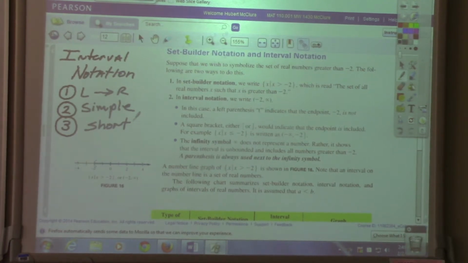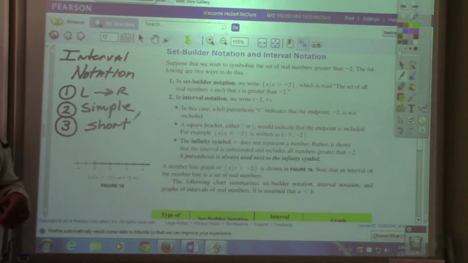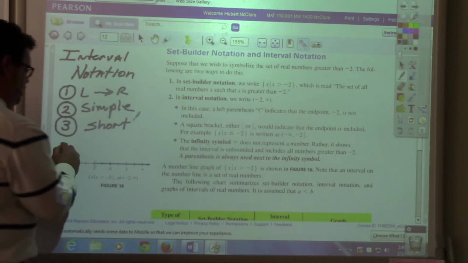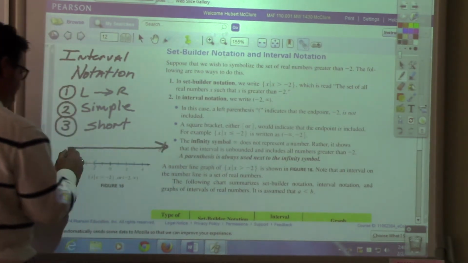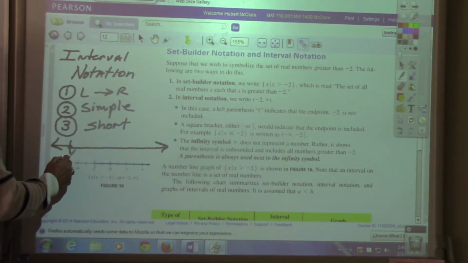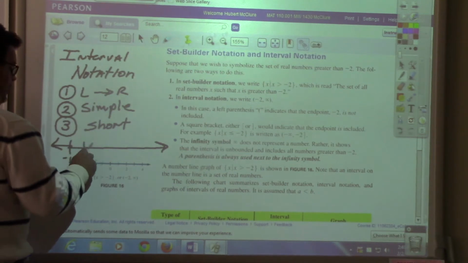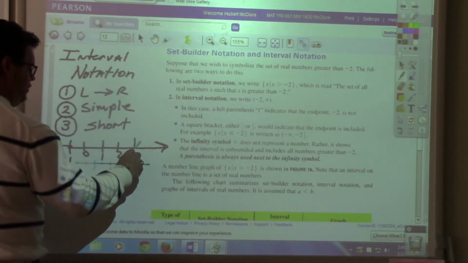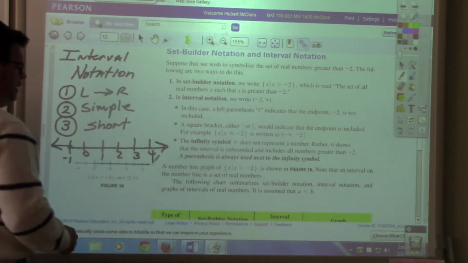If I tell you that I want to write all the numbers in the set from -1 to infinity, then most of you know from the number line days, there's -1, 0, 1, 2, 3, 4.